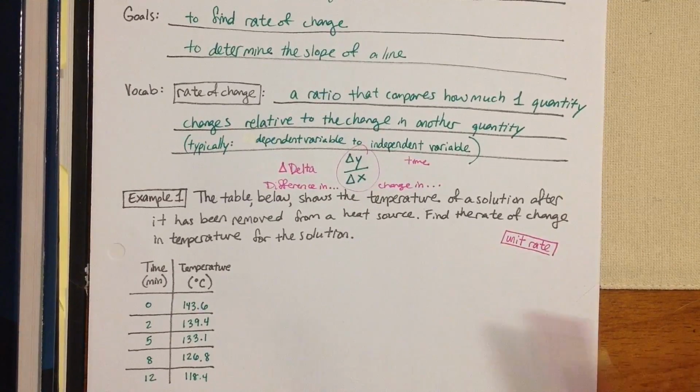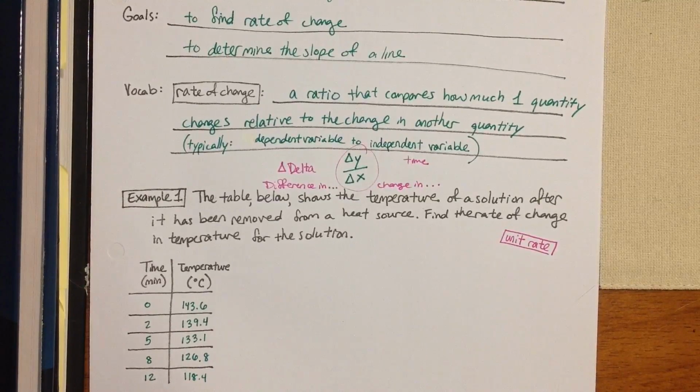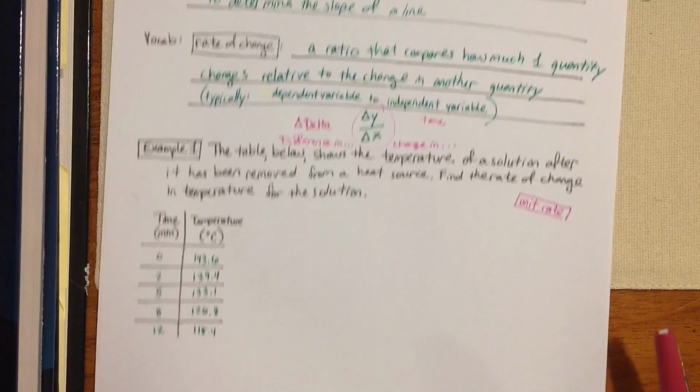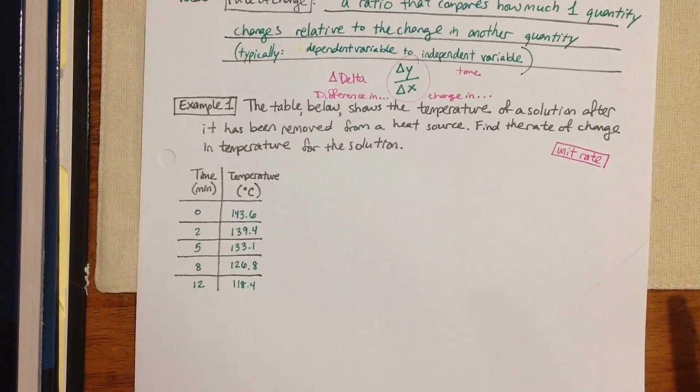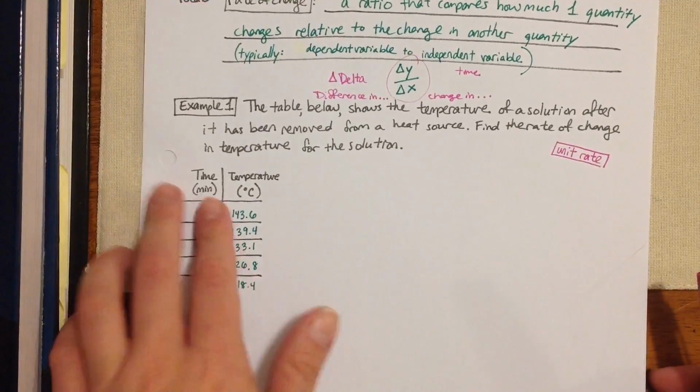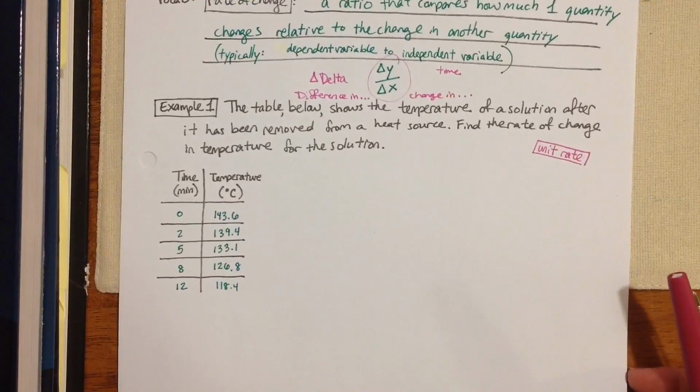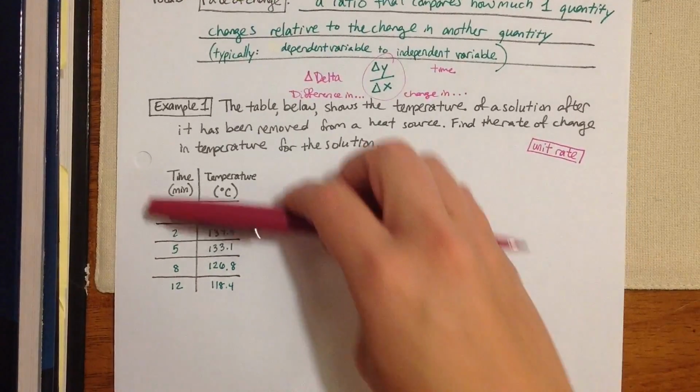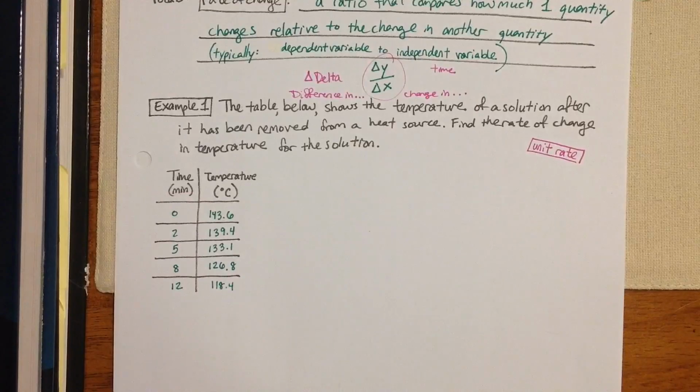Here we go. The table below shows the temperature for a solution after it has been removed from a heat source. Find the rate of change in temperature for the solution. I have the chart all filled in there. Go ahead and fill that in on yours as well. Maybe you're doing this experiment and you collect this data and you want to know, how quickly is it heating up, cooling down?